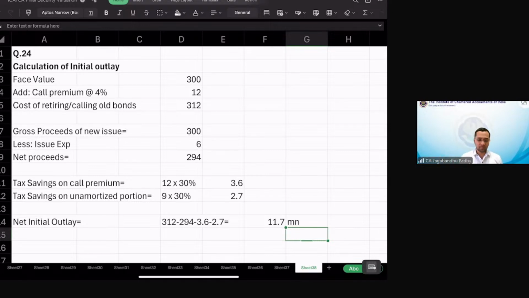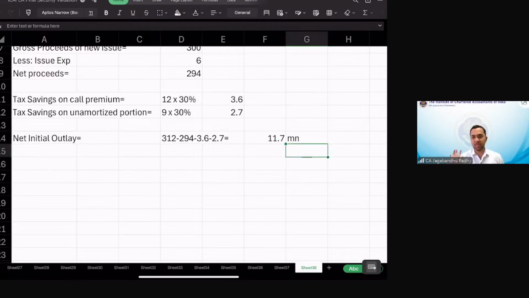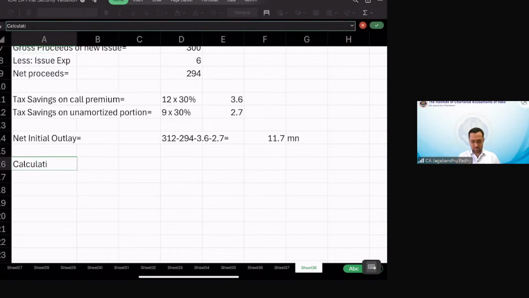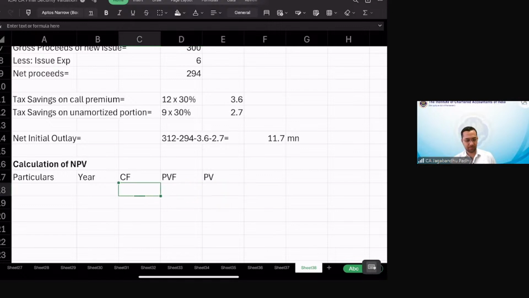Okay. Fine. So we've got the net initial outlay. Now we have to calculate the NPV. So let's do the calculation of NPV. Let me take it as particulars here: cash flow, PV factor, and then the PV.